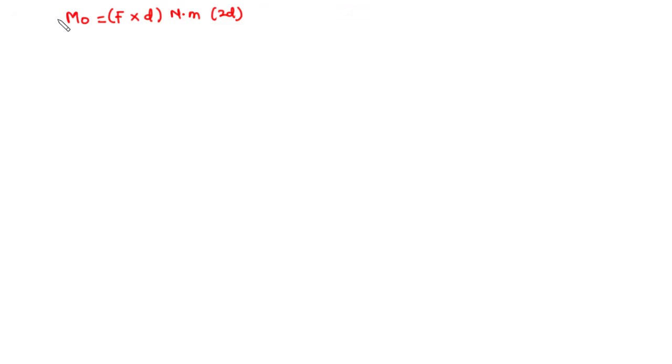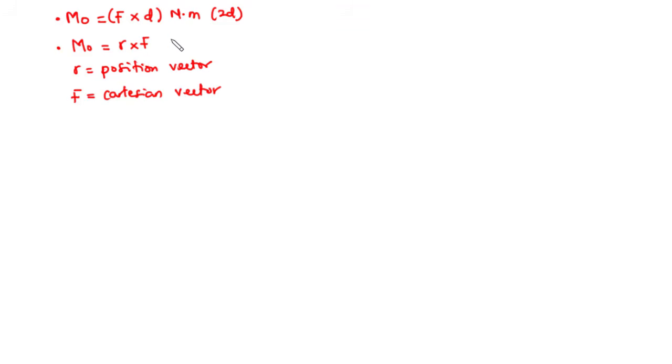So in 3 dimensions, the moment of a force is given by the cross product of R and then F, where R is said to be the position vector directed from O to any point on the line of action of F, and then F is said to be the force represented as a Cartesian vector.